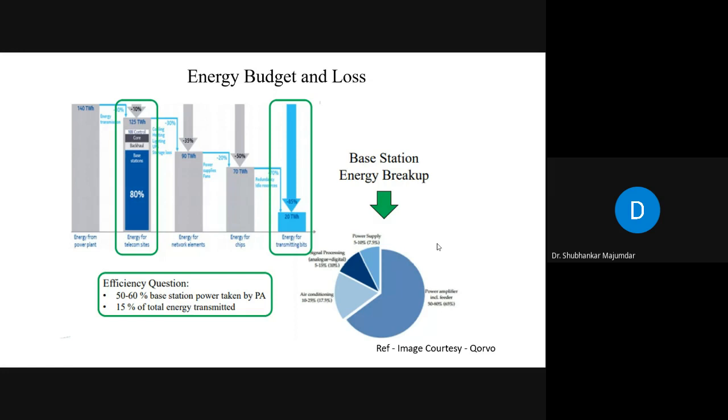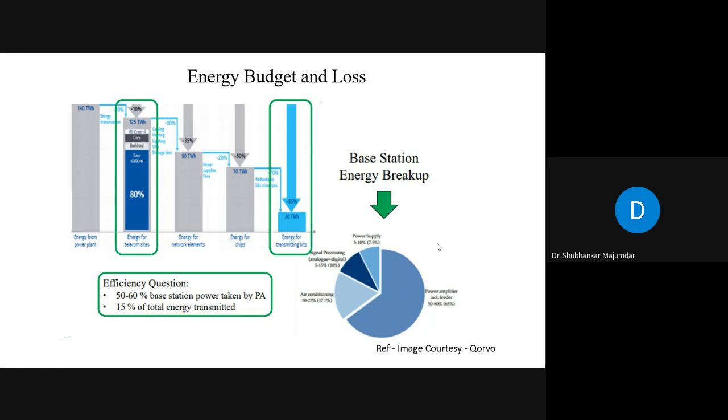Basically, the power amplifier is a power hungry circuit which requires a lot of power to transmit from one end to another, and during this transmission it gives drastic power loss, like 50 to 60% of the base station power.